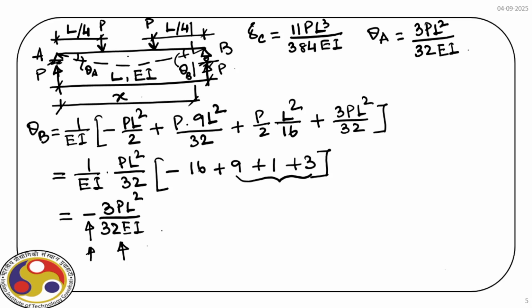Okay, so we have obtained central deflection and the slope at the two ends. With this example, you can see how we apply Macaulay's bracket for these two different point loads at quarter points. So let us continue our discussion and let us see for a different loading pattern how we can apply Macaulay's bracket and solve the problem.